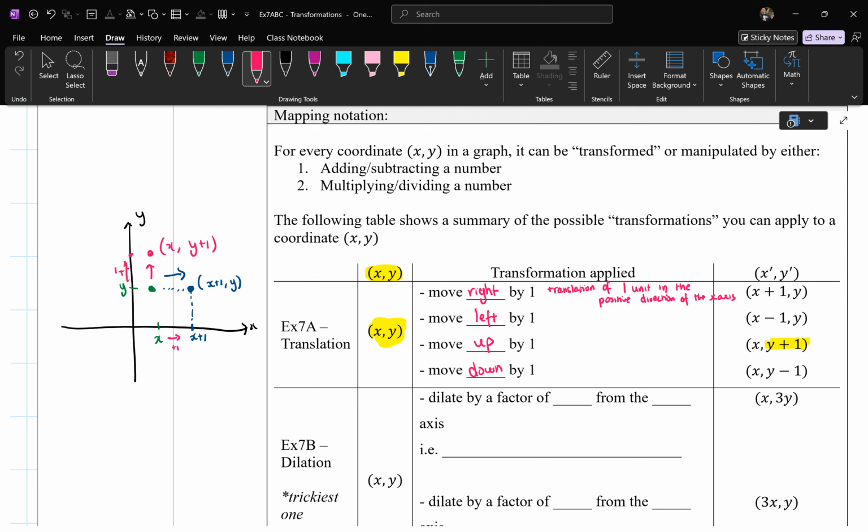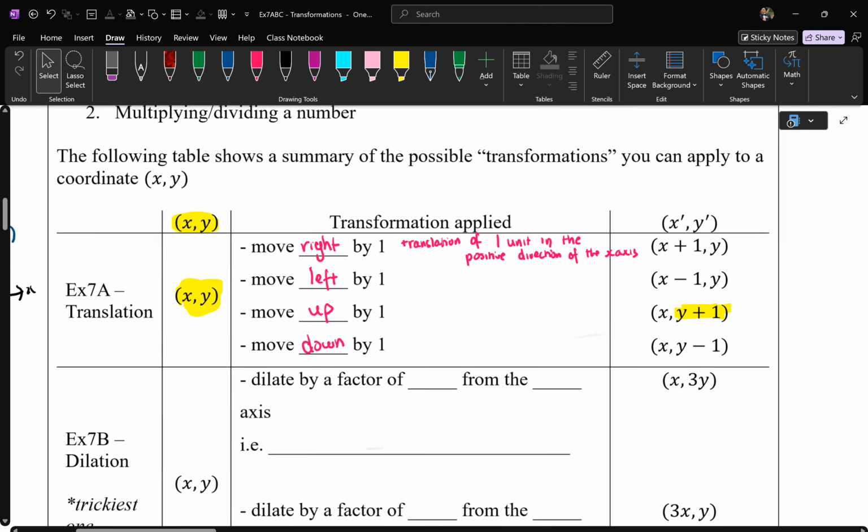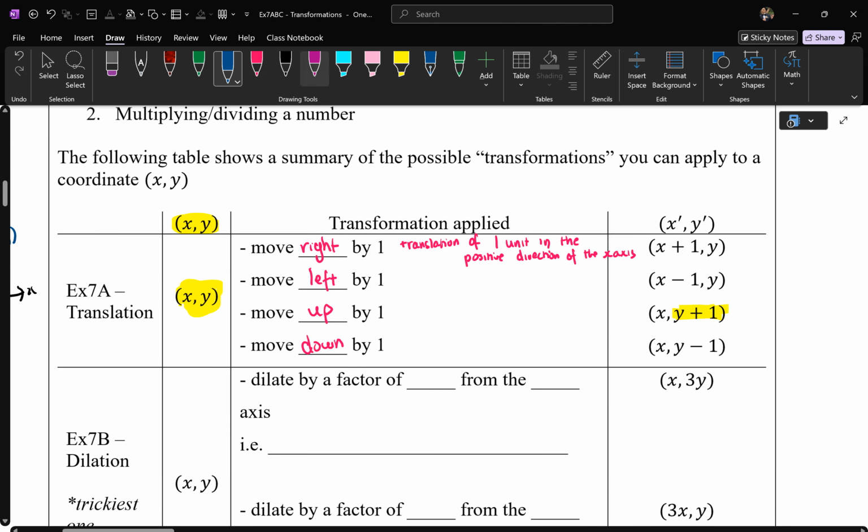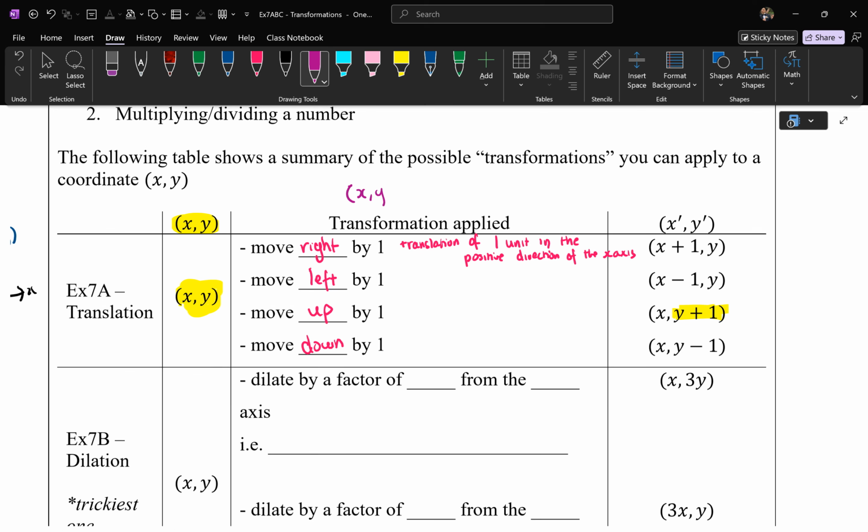So far, so good? This is called mapping notation, by the way. This is what a mapping notation looks like. In exams and your SAC, it will look something like this. It'll say original XY coordinate will map. That's what the arrow means. Will map means it transforms to, depending on whatever your transformation is.